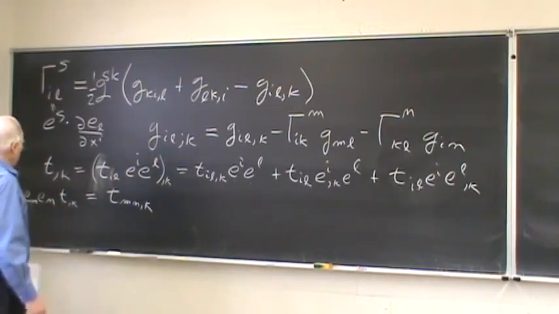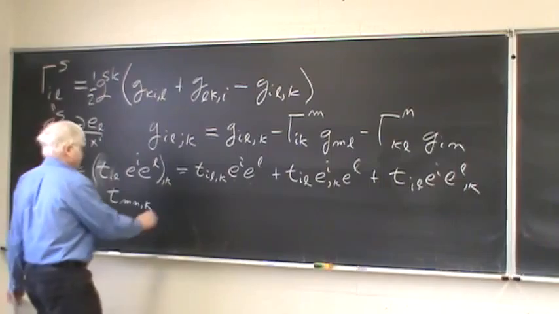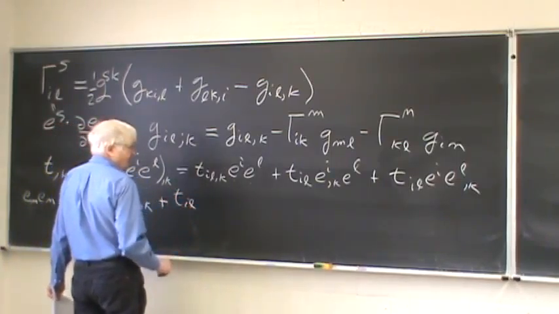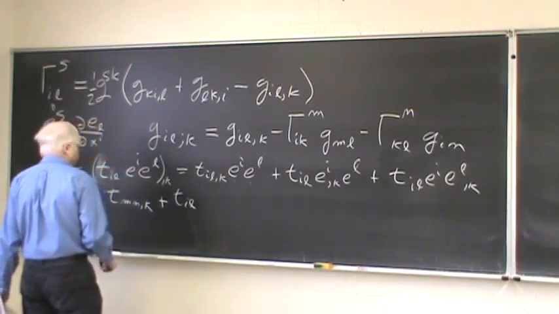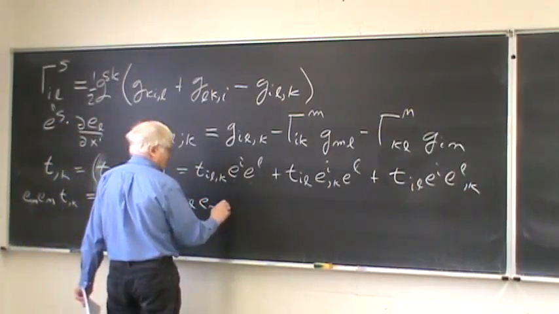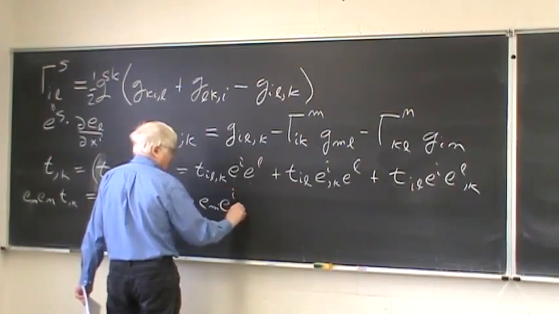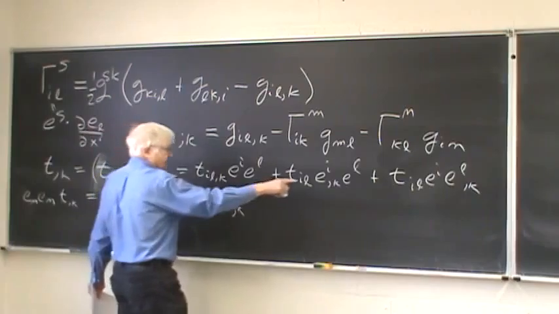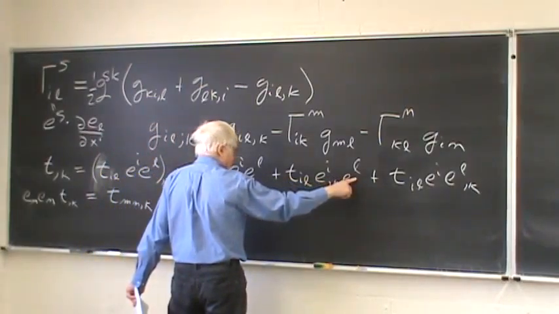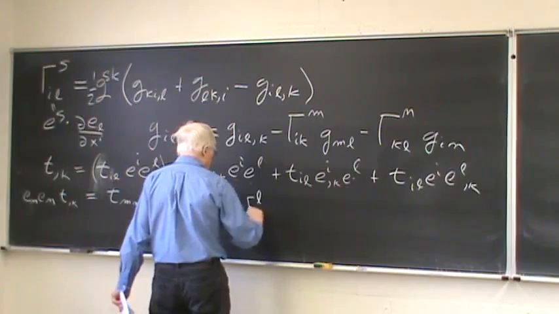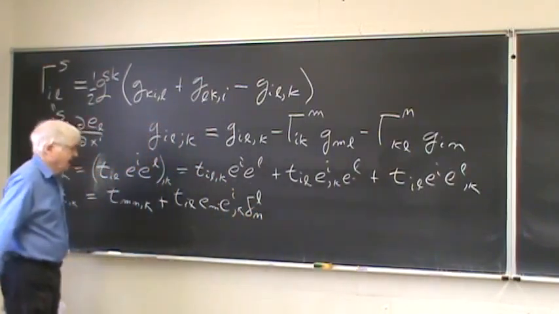The next term is plus T_{il}, with e_m dotted into e^i_{,k}, and this e_n is going to make this delta^l_n.